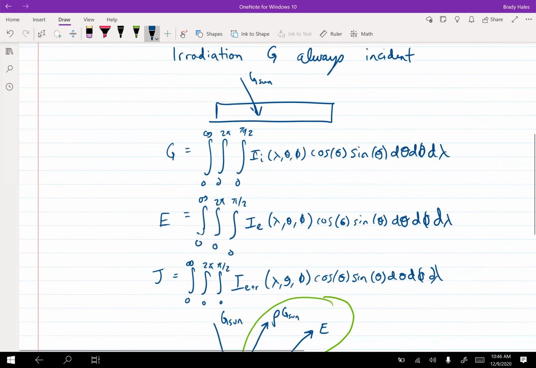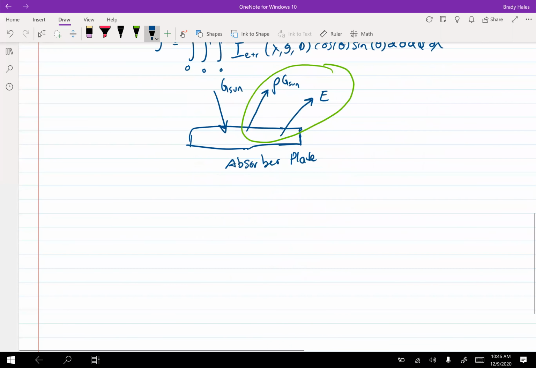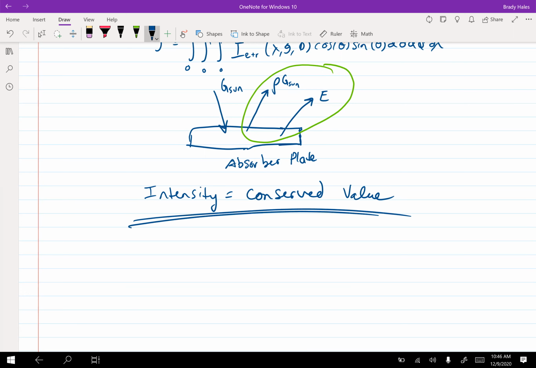Intensity is a conserved value, so let me emphasize that: intensity is conserved.